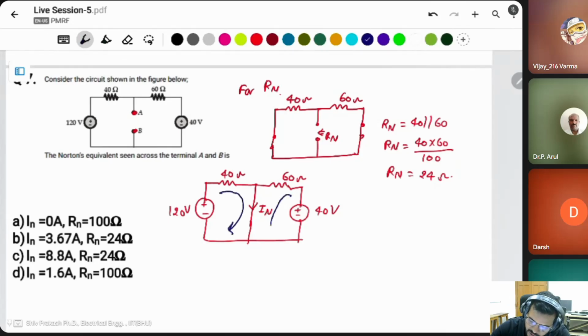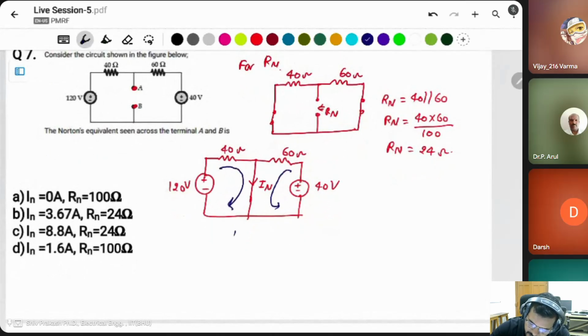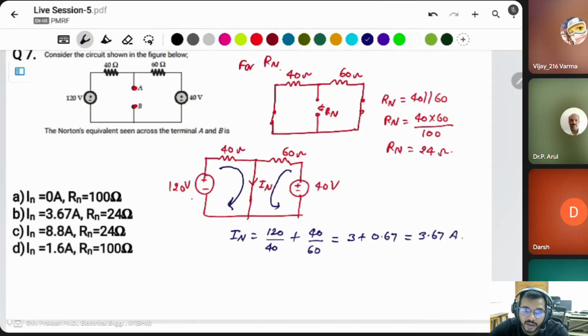Then you can say simply In is equal to the current flowing for this source, 120 by 40, plus for this source, 40 by 60. Then this will be 3, this will be 0.67, equal to 3.67 ampere. Okay, In is equal to 3.67 and Rn is equal to 24. This option is correct.